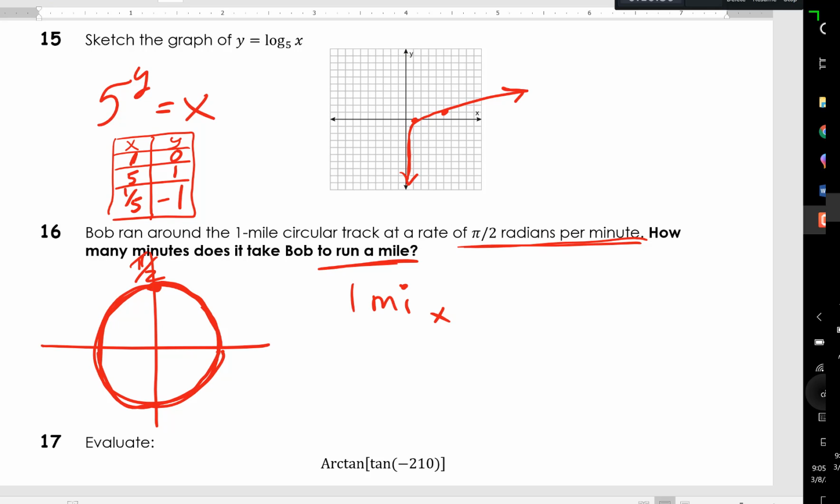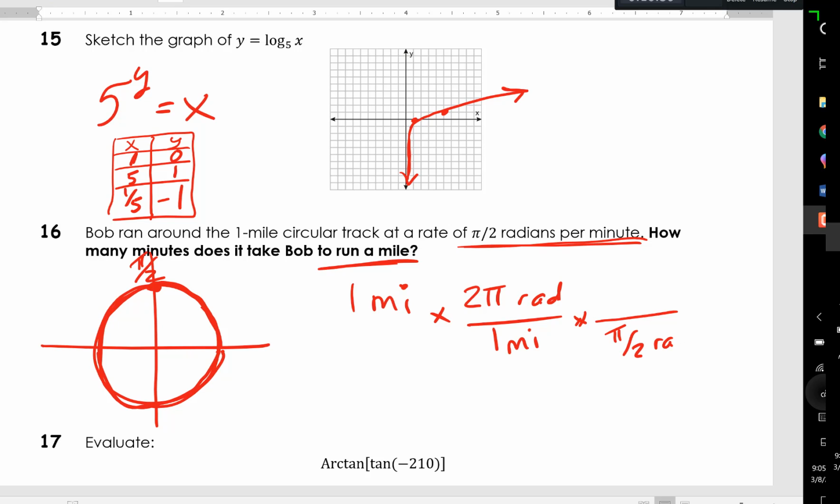So you're going to change miles to radians because you know that there are 2 pi radians all the way around the circle. So there's 2 pi radians per mile. And then you can change that to minutes. So pi over 2 radians per minute. So you could put the radians on the bottom so they'll cancel out.